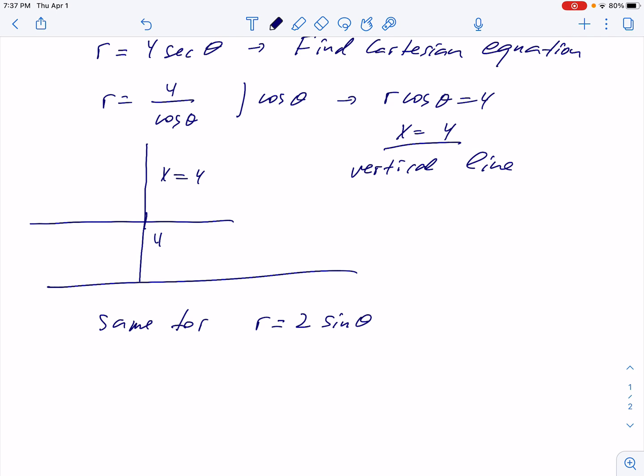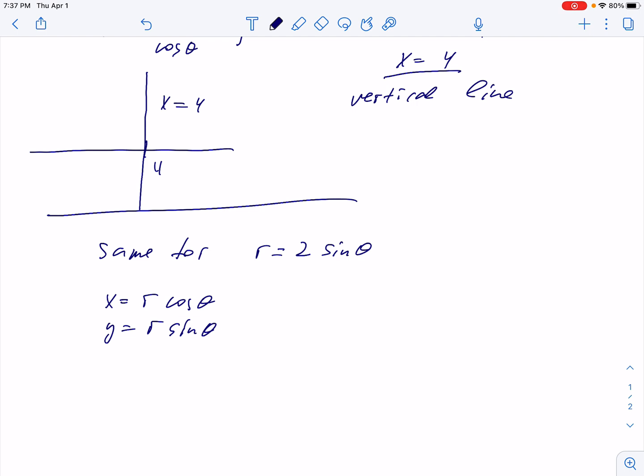So we can again use the basic equations. x is r cosine theta, y is r sine theta. If we replace here r by 2 times sine theta, we get x is 2 times sine theta cosine theta, y is 2 times sine squared theta.